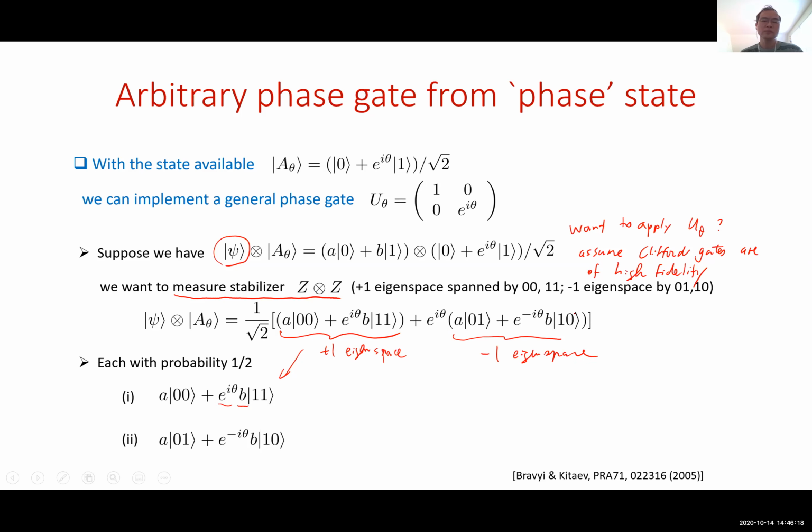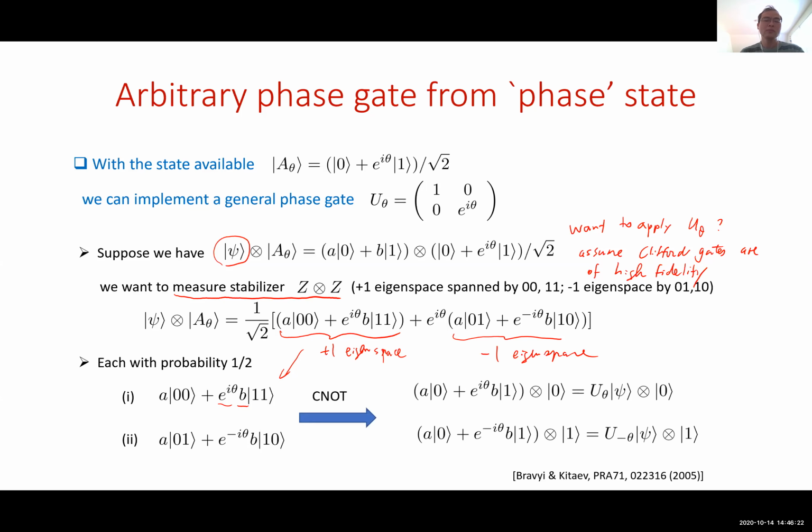So you have two possibilities, +1 and -1, each occurring with probability 1/2.